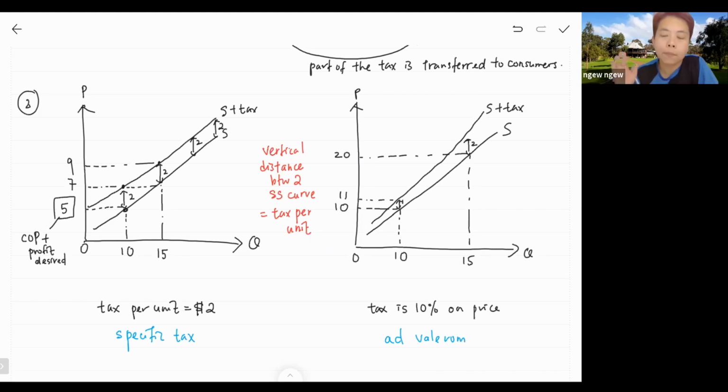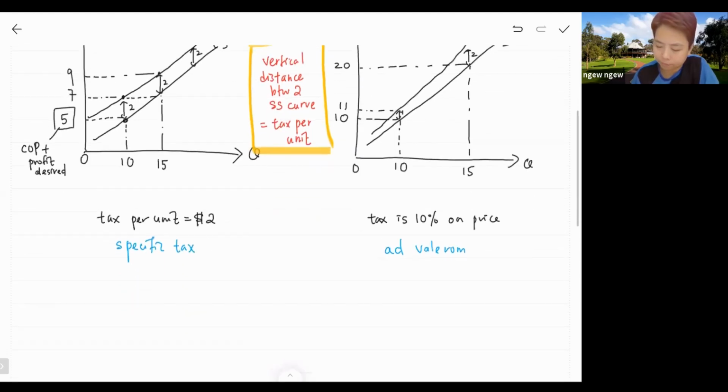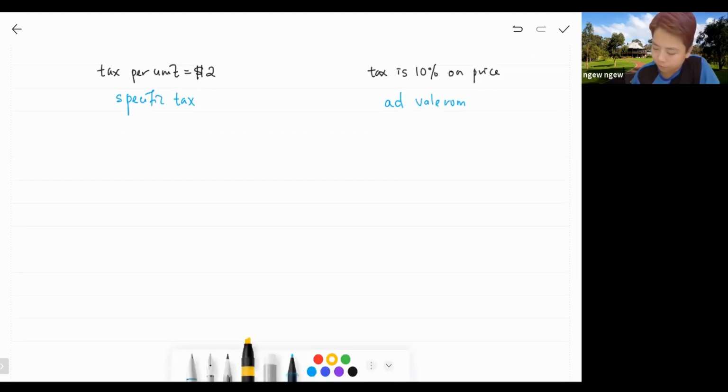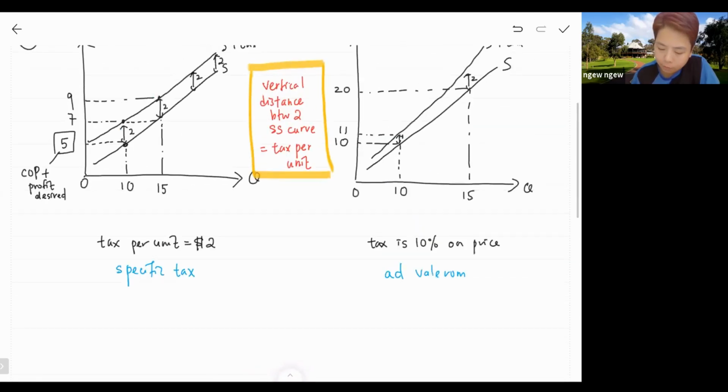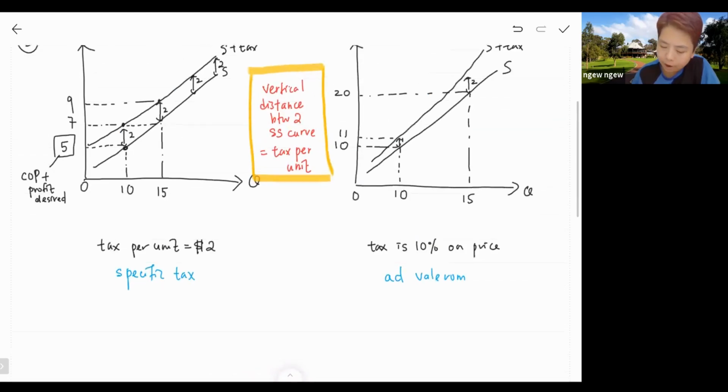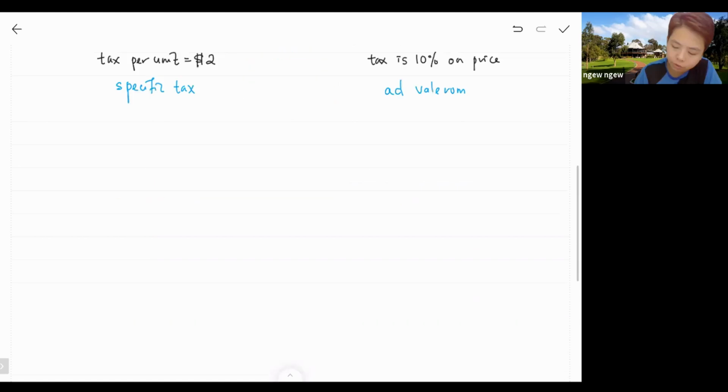Now we have the basic understanding, and we need this basic information: the vertical distance between two supply curves shows the tax per unit. Now let me show you how the tax incidence diagram can be drawn. Whenever we draw a diagram, we need to follow certain steps.